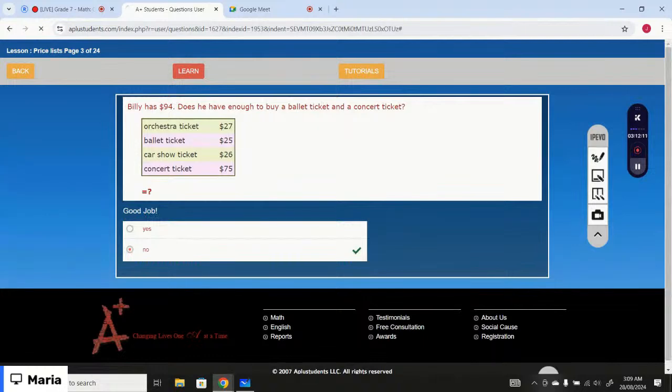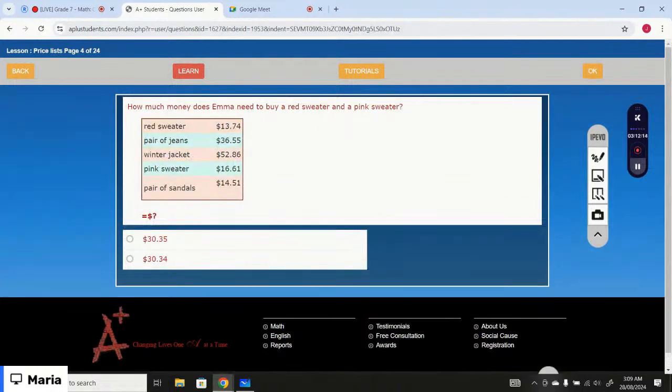Okay, the next one is how much money does Ima need to buy a red sweater and pink sweater? So which is the correct option? Just add the prices of the red sweater and pink sweater.